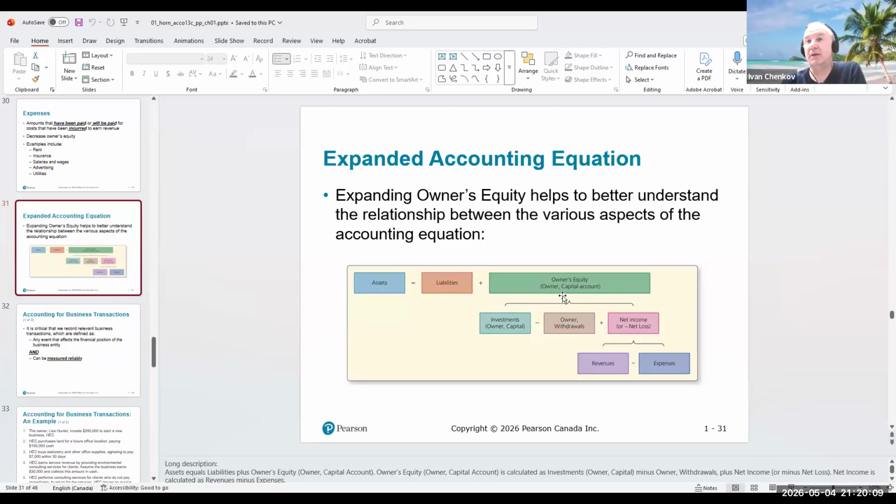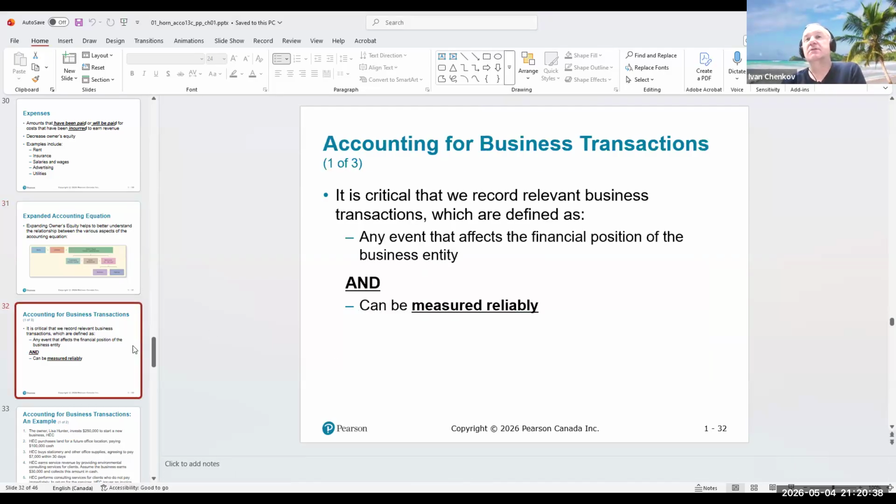Under owner's equity, again, we have revenue, expenses, withdrawals, or investment. So if we see a transaction which happens with the business, which can be defined as a purchase of an asset or use of an asset, liability, owner's equity, investment, owner's withdrawal, revenue, or expenses, we have to record it as a transaction.